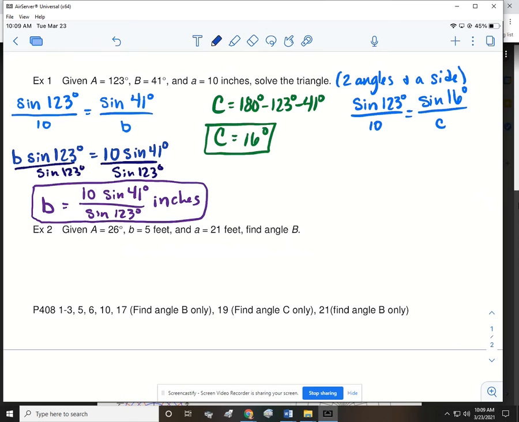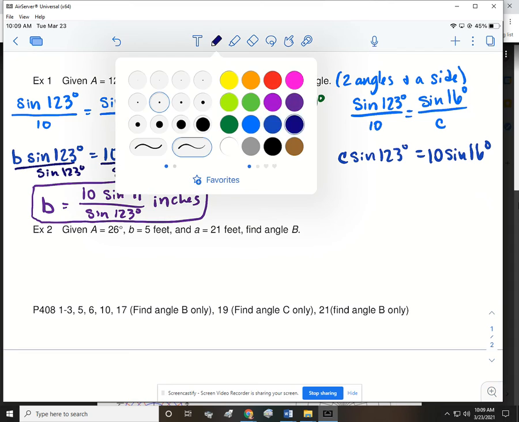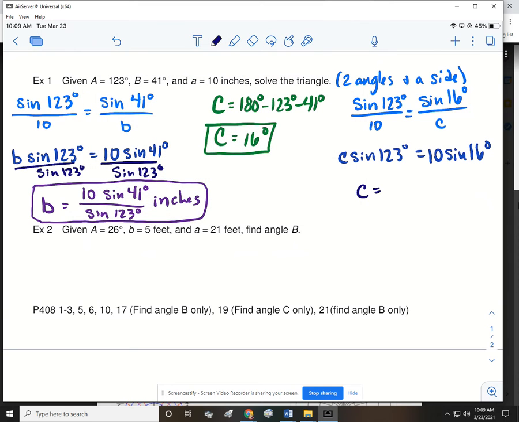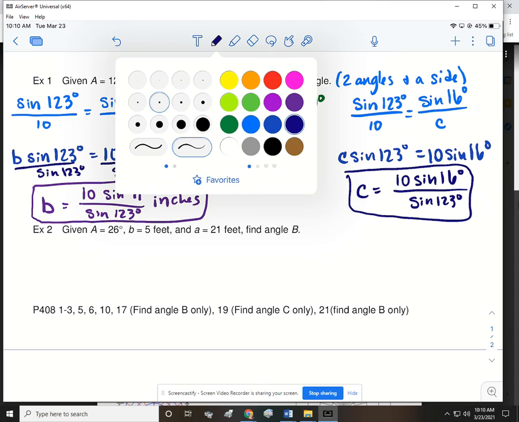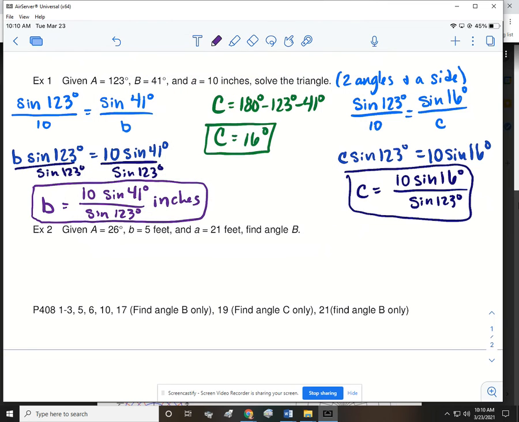We cross multiply and divide, and we get that side C is 10 sine of 16 degrees divided by the sine of 123 degrees. That's it. That's law of sines. Law of sines is awesome.